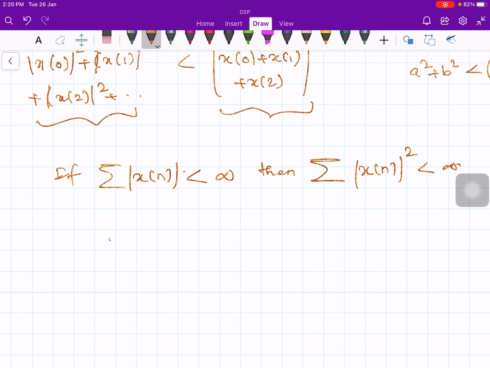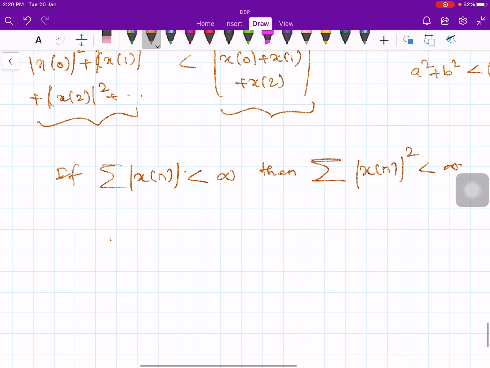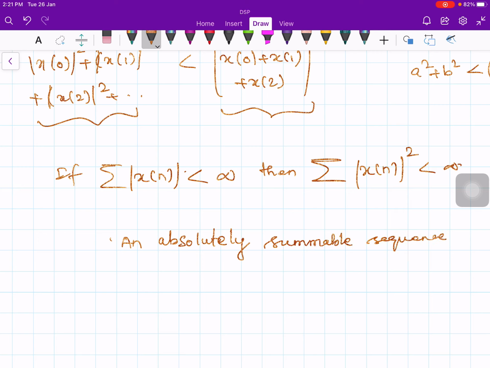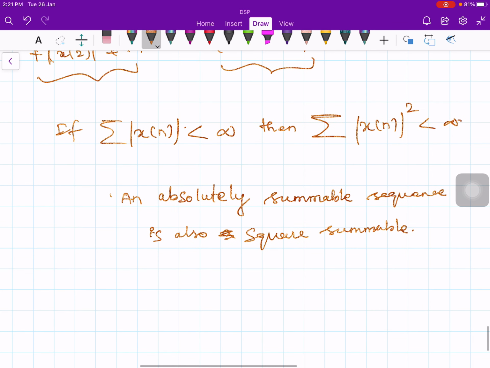So if a sequence is absolutely summable, then its square summability is also finite. Square summable, that is fine. Square summable means what? Energy. So this energy is finite.